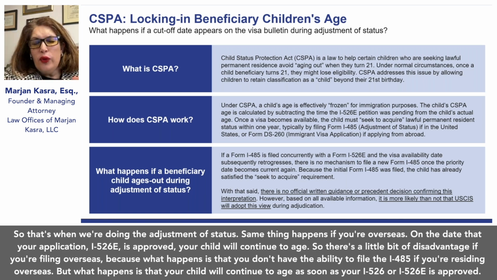Same thing happens if you're overseas, except that on the date that your I-526E application is approved, your child will continue to age. So there's a little bit of disadvantage if you're filing overseas, because you don't have the ability to file the I-485 if you're residing overseas. Your child will continue to age as soon as your I-526 or I-526E is approved.